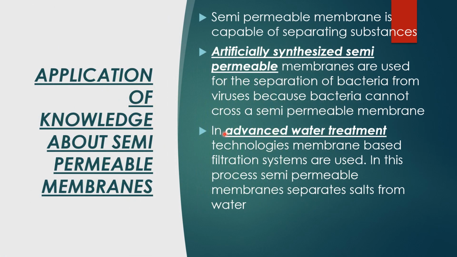Now we will discuss the next topic, which is applications of knowledge about semi-permeable membrane. Semi-permeable membrane is capable of separating substances. Artificially synthesized semi-permeable membranes are used for the separation of bacteria from viruses because bacteria cannot cross a semi-permeable membrane.